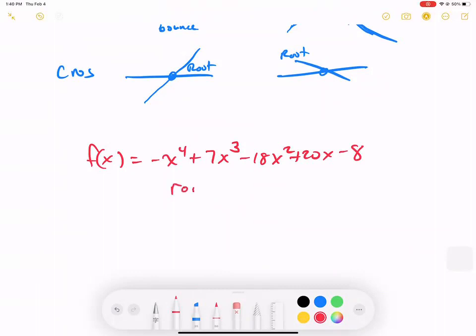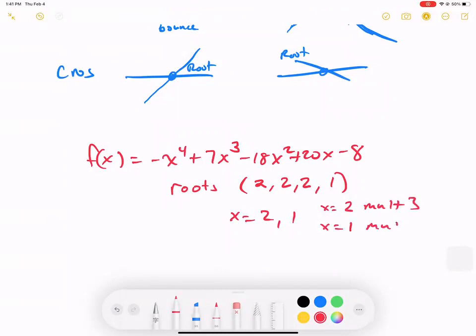The roots are 2, 2, 2, and 1. Or you can write the roots are x equals 2 and 1. But careful, x equals 2 with a multiplicity of 3, and x equals 1 with a multiplicity of 1 only.